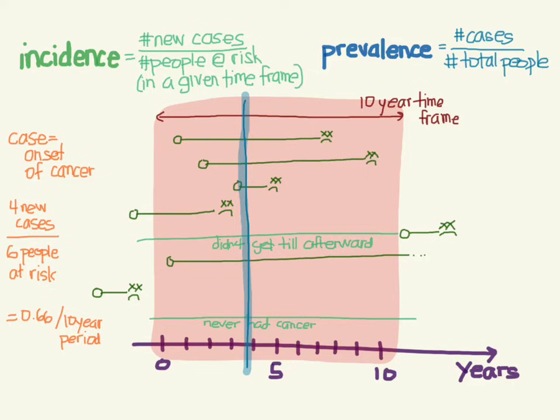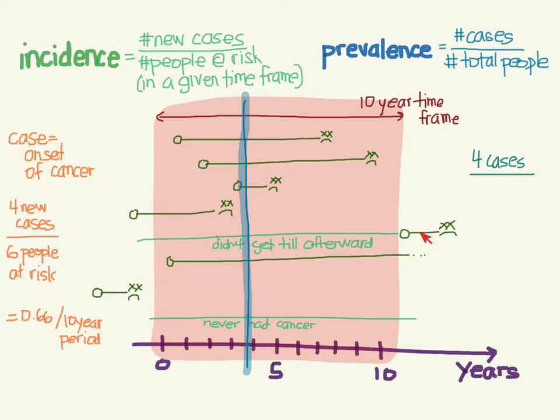So how many total cancer cases do we possibly have? We have 1, 2, 3, 4. So we have 4 cases again, right? Now what goes in the denominator? Well, the denominator is anyone else that was there, right? So we have 1 person, 2, 3. This is another one, 4.